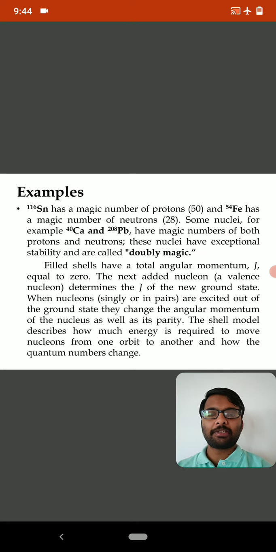So this completes our study of nuclear models, which is the third topic of this nuclear physics chapter.